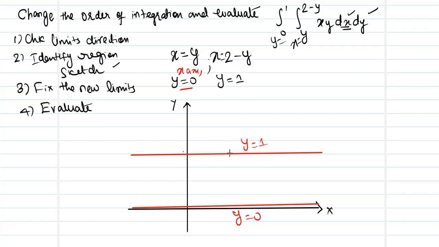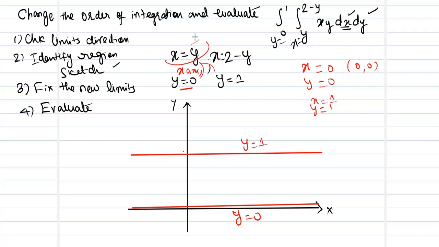So next, going for the line x equal to y. What is x equal to y? So we will try plotting the line x equal to y. Substitute the points over here. So when y takes the value 0, you substitute y as 0, then you have x as 0. So it is 0, 0. So when y takes the value 1, x also takes the value 1.